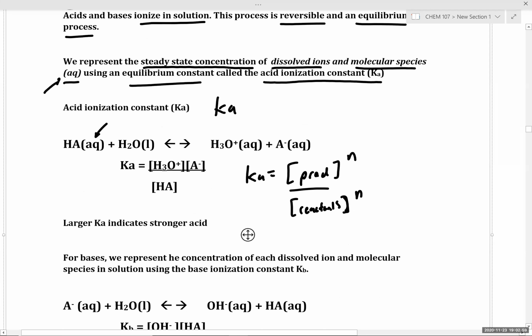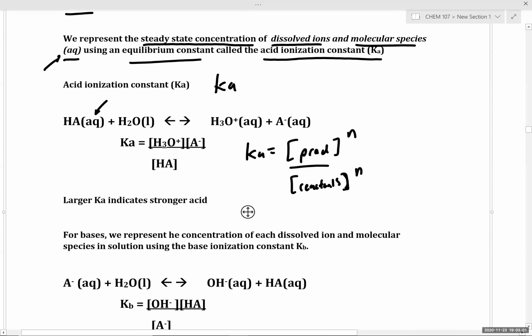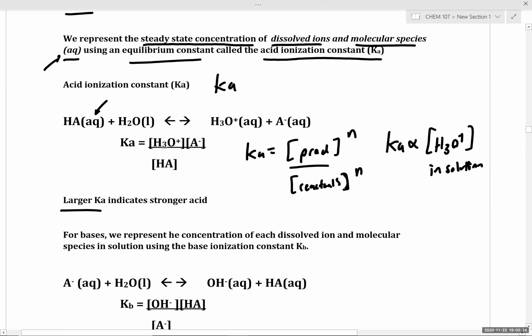Now, the main thing that I'd like you to note is that Ka is proportional to the concentration of H3O plus in solution. So in turn, the larger our Ka value, the stronger acid we're dealing with. The more H plus we have in solution, the more dissociation and reaction with water to make H plus that we see.